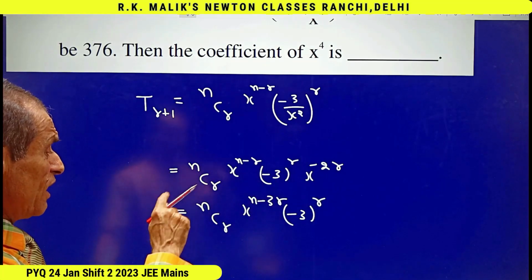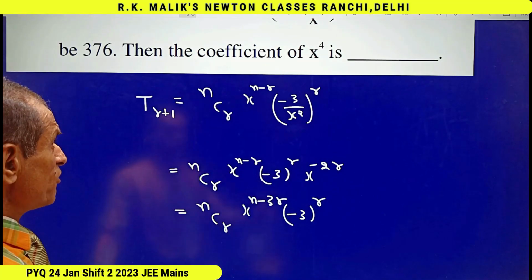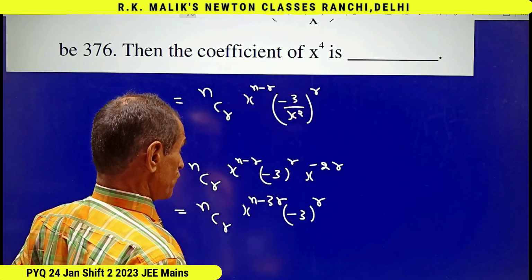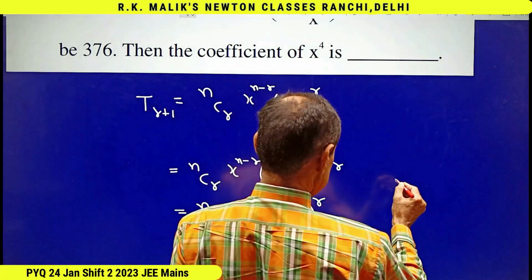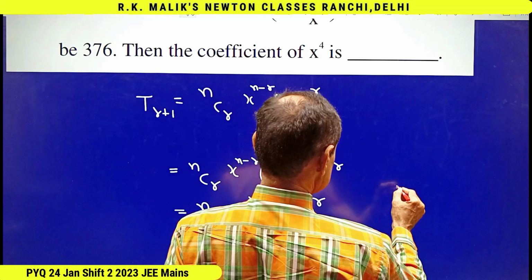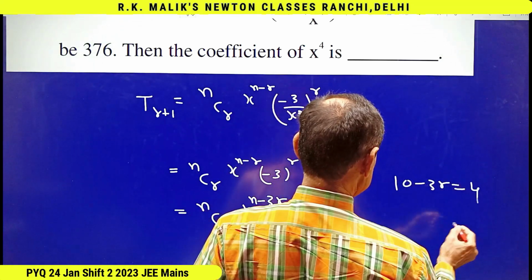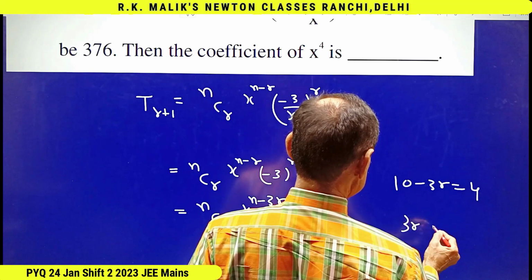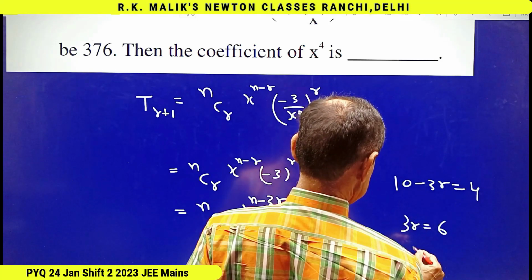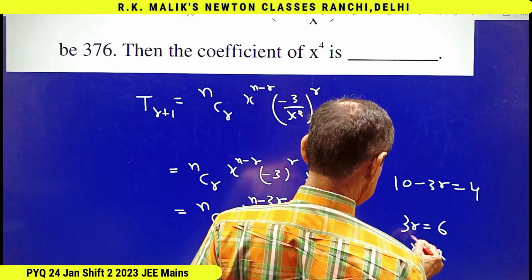Keeping in mind that n is 10 and I want to find the coefficient of x to the power 4, it means the value of r is such that 10 minus 3r is equal to 4, that is 3r equal to 6, that is r equal to 2.